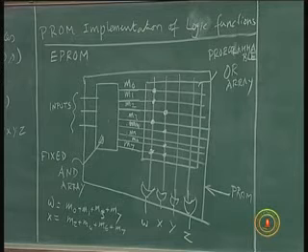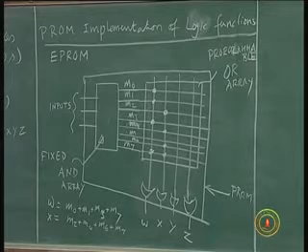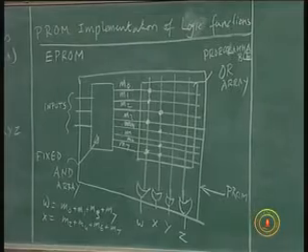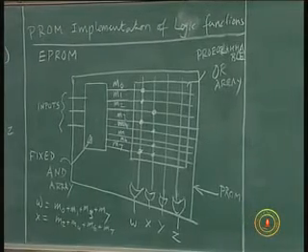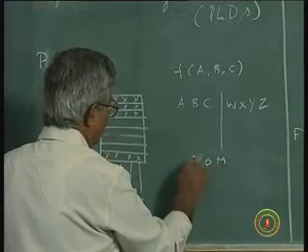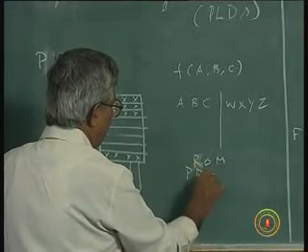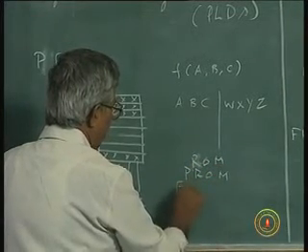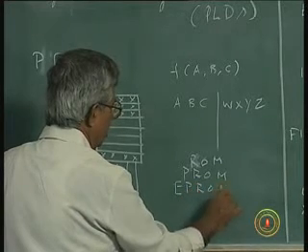How do you erase it? There are technologies. You can erase it by shining ultraviolet light, called UV erasable technology, or electrically erasable, double E. So you can have ROM, read-only memory; PROM is programmable read-only memory; EPROM is erasable programmable read-only memory.